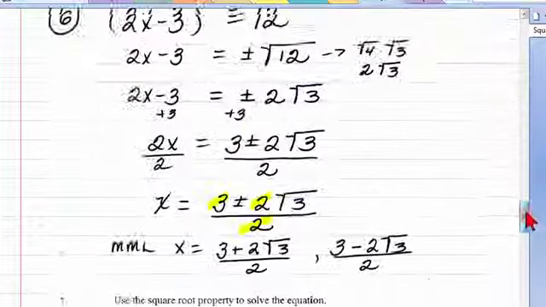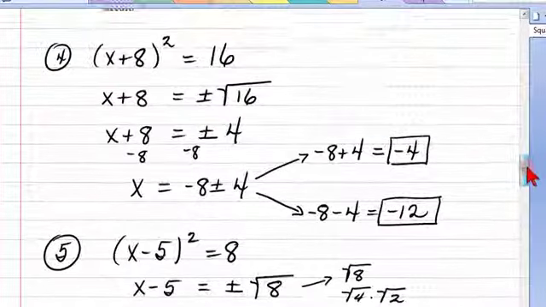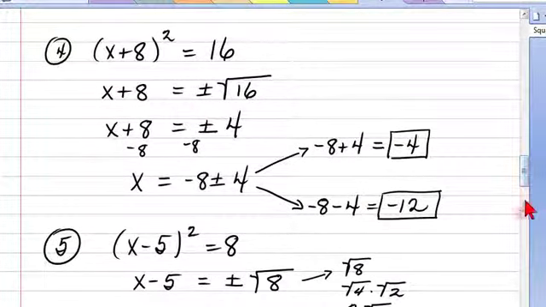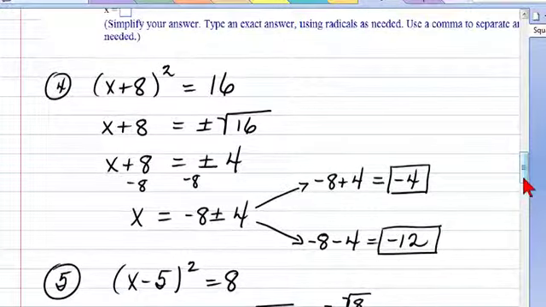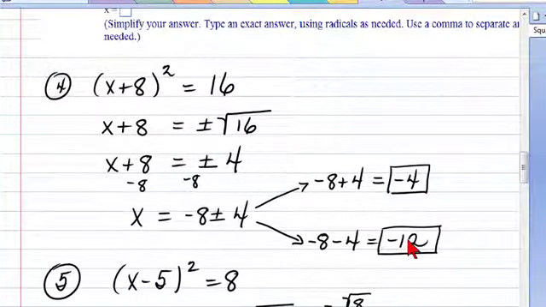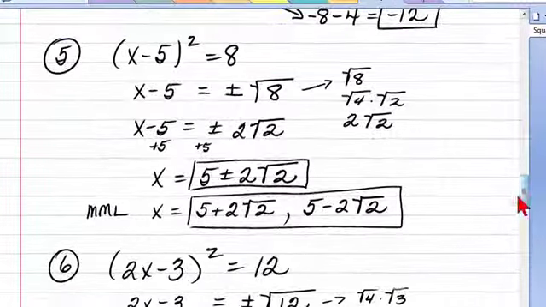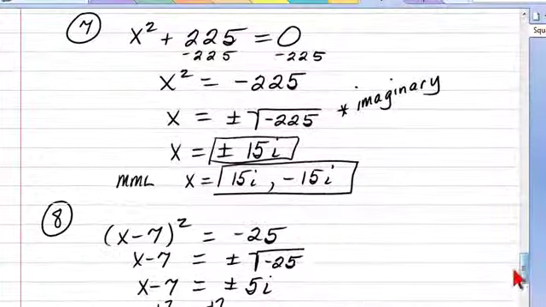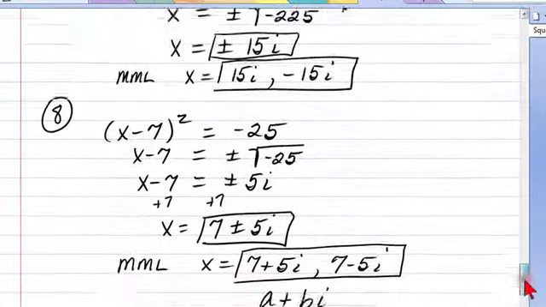If you have a problem, though, let's see if I can find it, way back up here at number 4, where the answers turn out to be rational, -4, -12, what that means is back here, if you squared this and then subtracted the 16 and set it equal to 0, you could factor it. So if the answers turn out to be rational, that means that factoring could have worked if you had gotten it in the right form. But answers that turn out to have radicals or imaginaries never could have been factored.